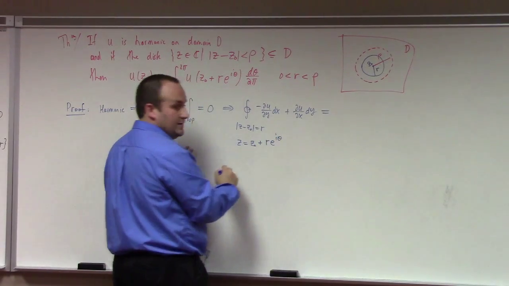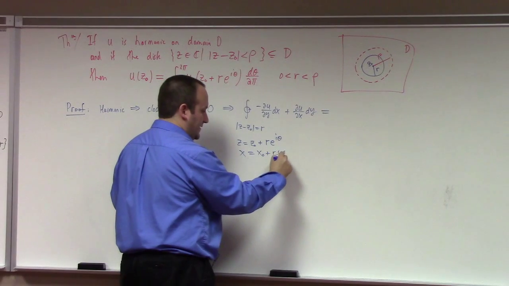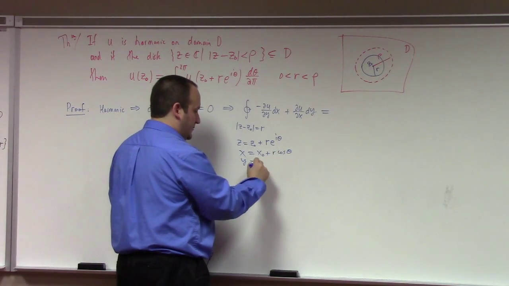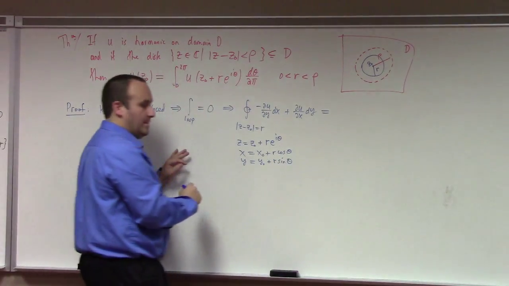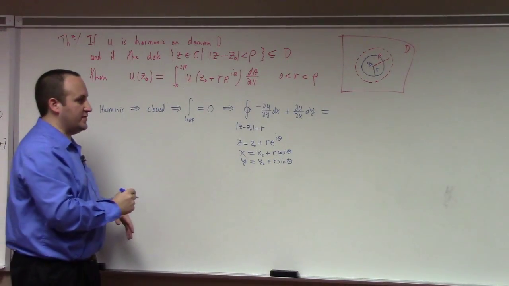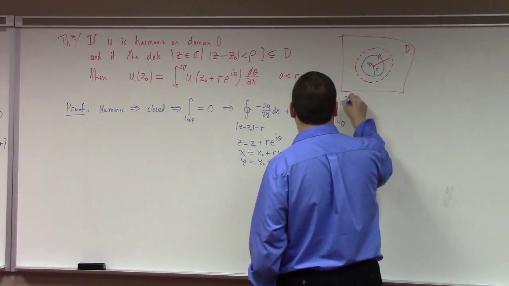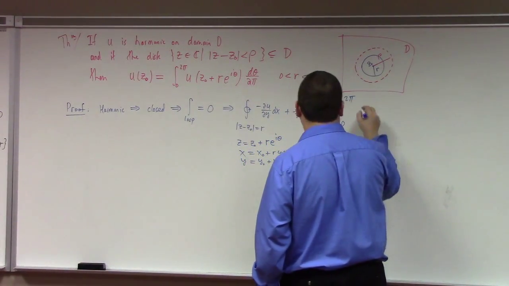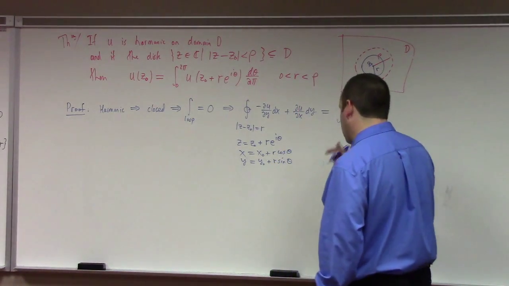In other words, x is equal to x naught plus r cosine theta, and y is equal to y naught plus r sine theta. That's the details of the parameterization. So when you calculate dx, what do you get? We can integrate from 0 to 2 pi minus partial u, partial y, and the dx is what?